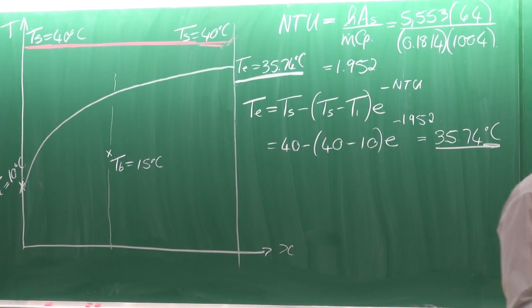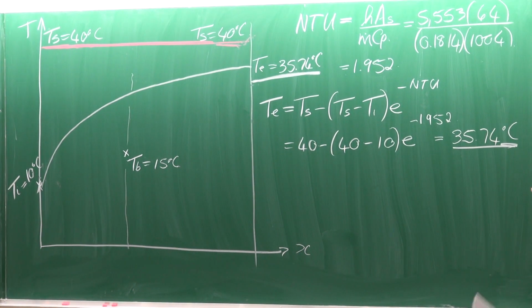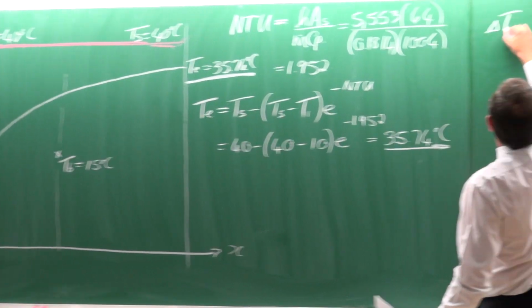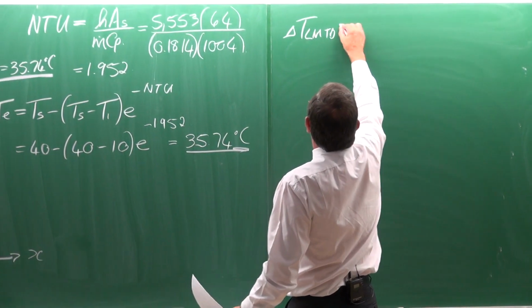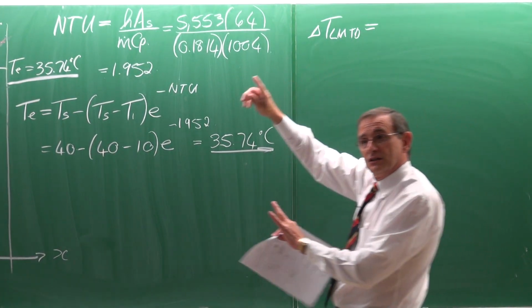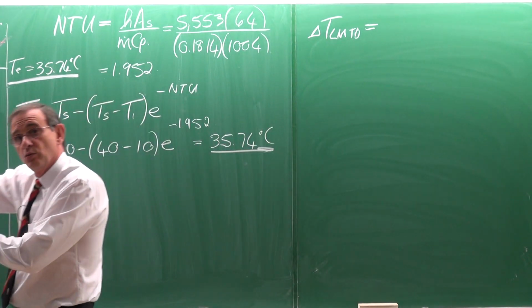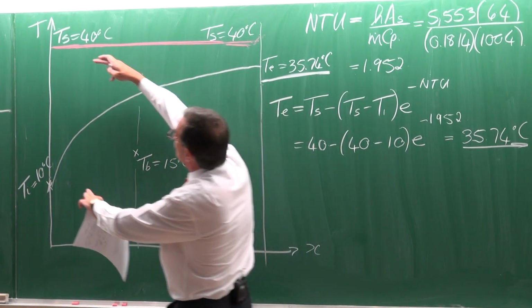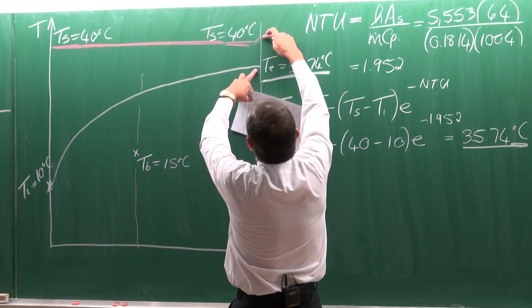Right, now we've got that 35. So now we can calculate the LMTD. Take a good look at your sketch, and that is why I would recommend that you make a sketch. You've got those two temperatures, and you've got those two temperatures.